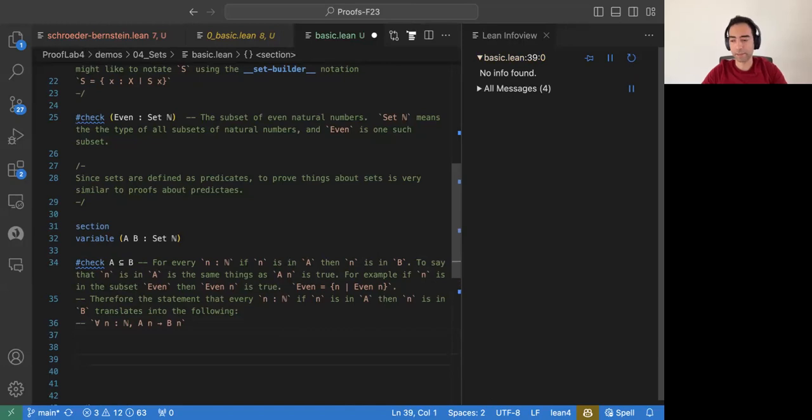So let's create an example for this. For example, we can define all the natural numbers which are divisible by 4. So we need a predicate to do that.